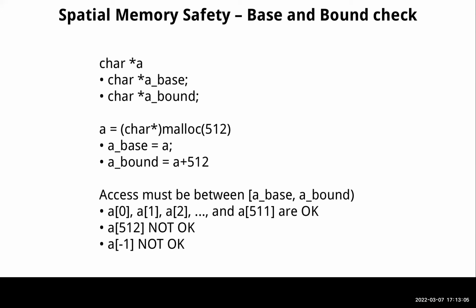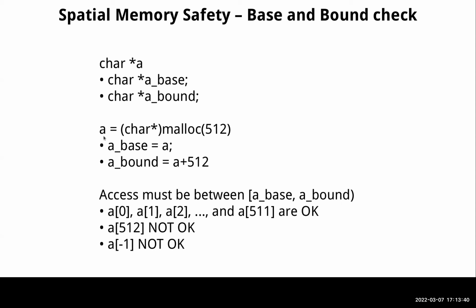So for example, how can we make C secure using that base and bound check approach? Let's say there is a pointer A. In this case, the pointer is supposed to point to a char, but say it can point to anything, right? So you can point anywhere. For any of those pointers, the compiler can create a base and bound pointer for it.